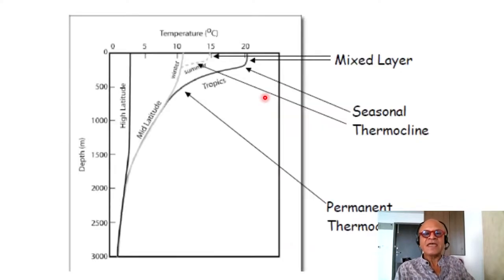Okay. And if you look deeper down to 3,000 meters, this is from Wikipedia, you can see that the surface mixed layer, where we said turbulence is generated and temperature, salinity and density are typically mixed down to be uniform. Then you have a sharp seasonal thermocline.